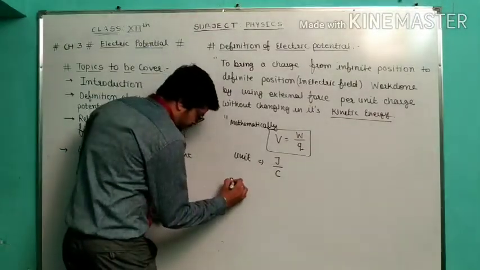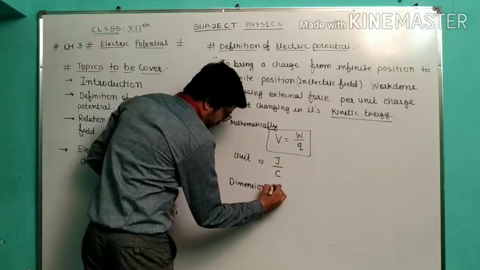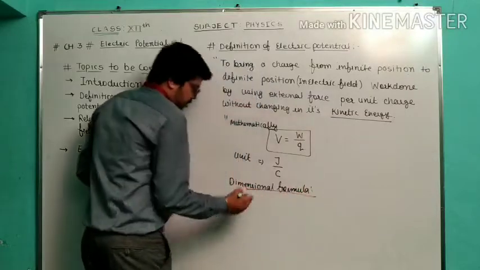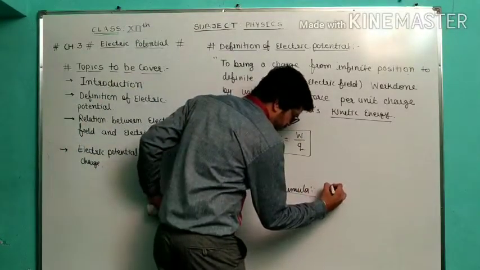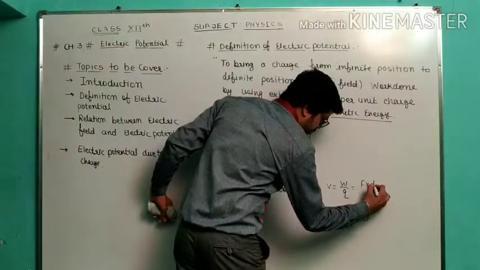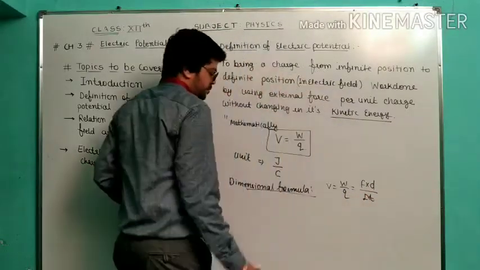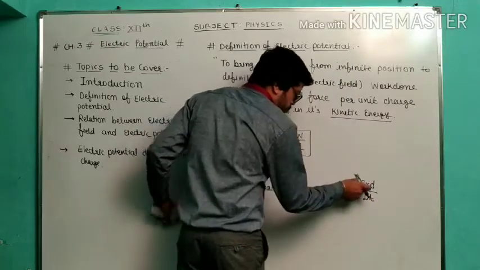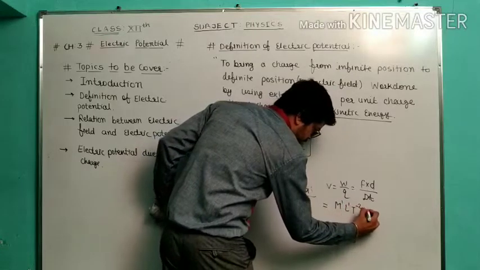Now we are talking about the dimensional formula. So you know that V is equal to W by Q. Work done is equal to force into displacement, and charge is equal to I into T. You know very well the dimensional formula of force is M1 L1 T minus 2.